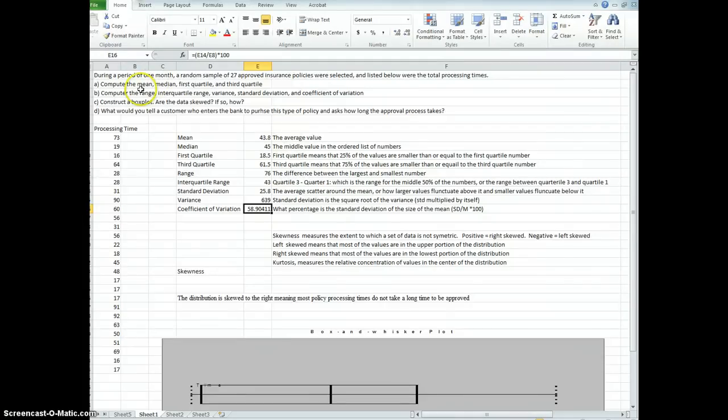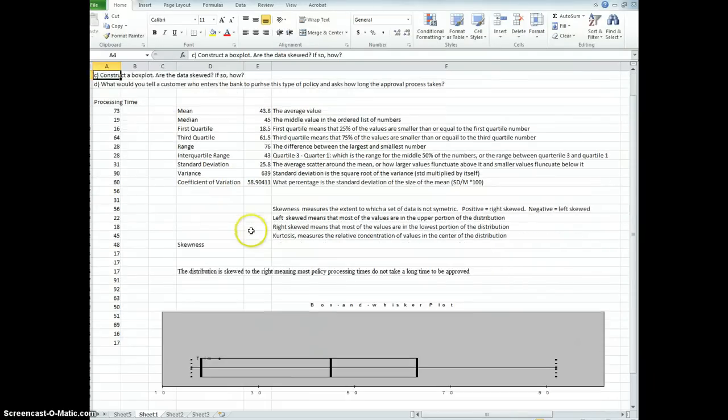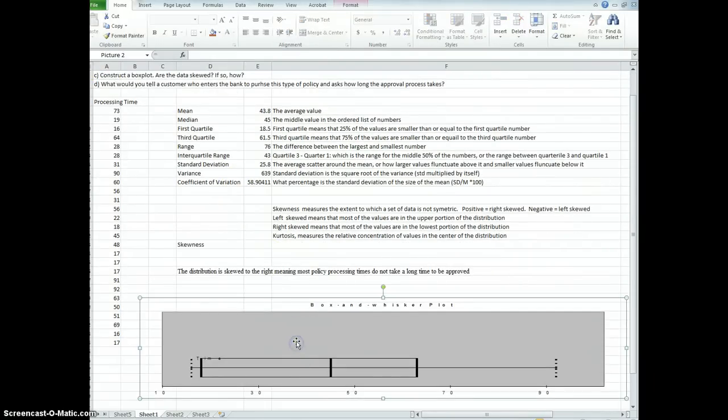Now we want to take a look at, is our data skewed? The directions direct us to construct a box plot. Now I've constructed a box plot down here using another software. The caveat is that without a lot of manipulation, Microsoft Excel does not have a standard feature for creating a box plot.